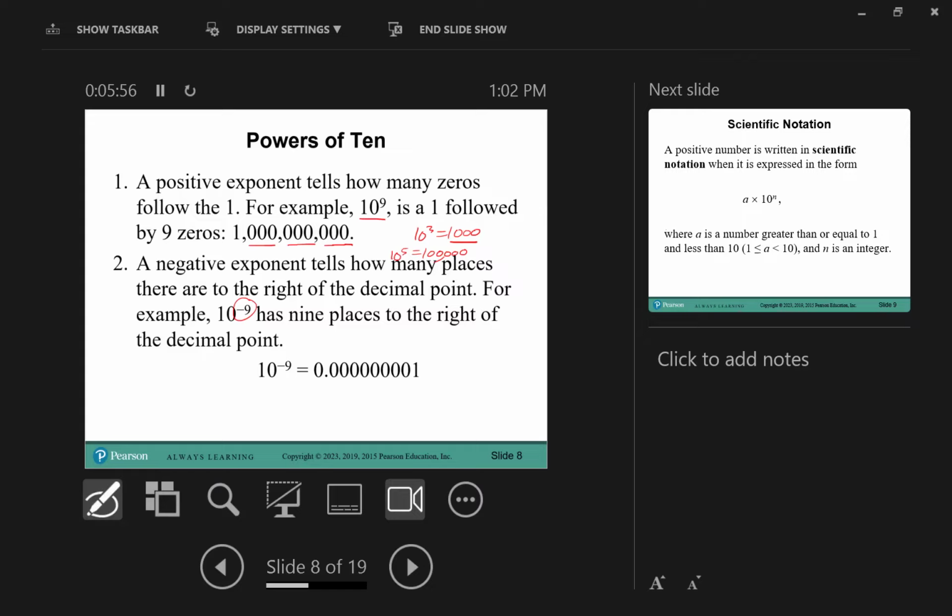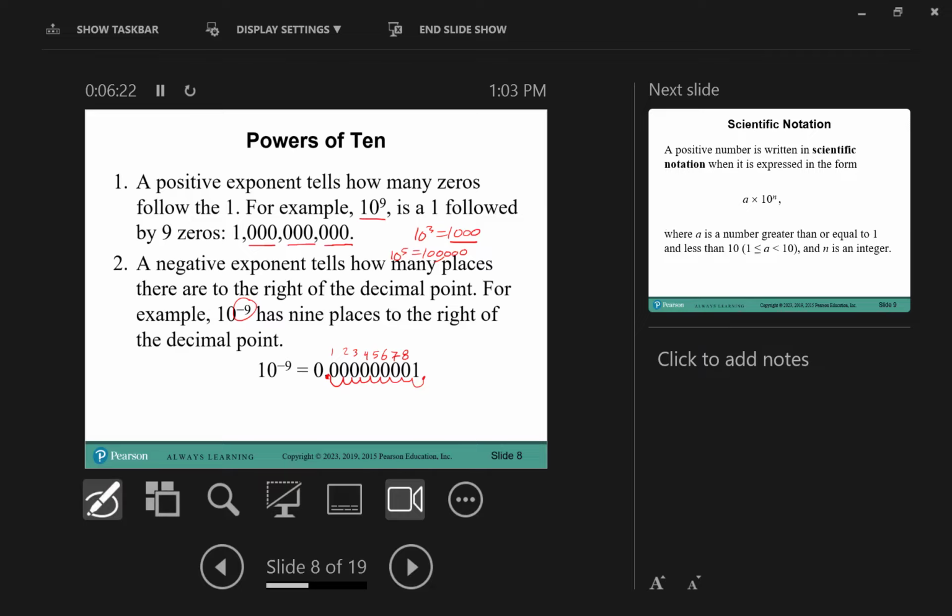10 to the negative 9 means my decimal was here for a moment if it's just a 1. But to the negative 9, I'm going to move that 9 spaces to the left. So 1, 2, 3, 4, 5, 6, 7, 8, 9. But that means I have 1, 2, 3, 4, 5, 6, 7, 8 zeros after the decimal, right?